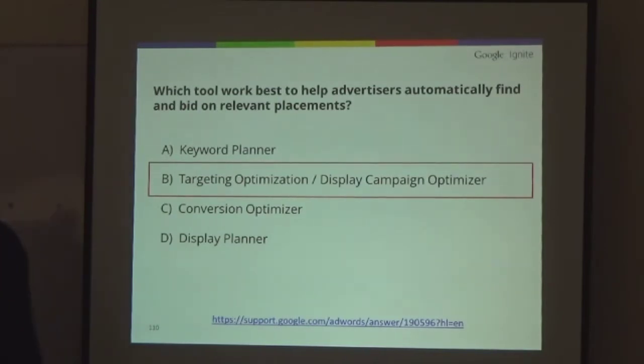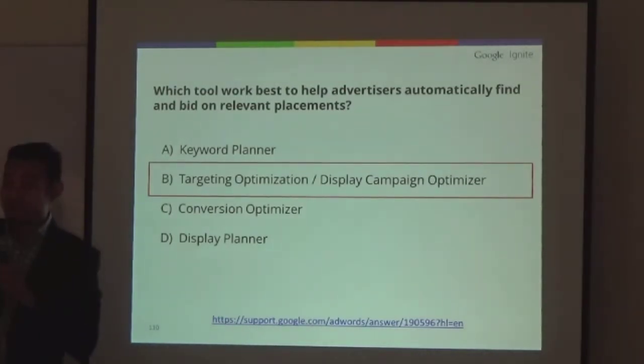Now, C is conversion optimizer. Take note that conversion optimizer does also help you in a way, to adjust the bid for words that are most likely going to achieve conversion. But conversion optimizer does not find sites.